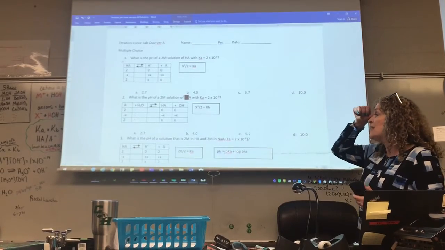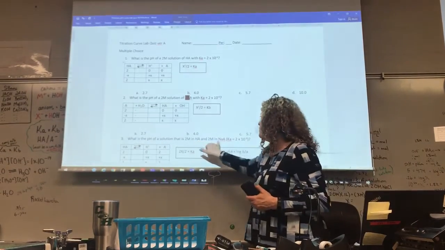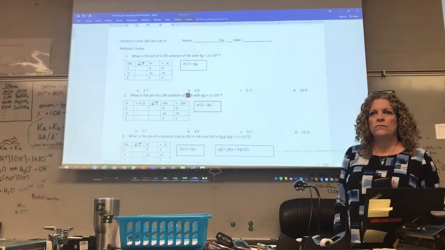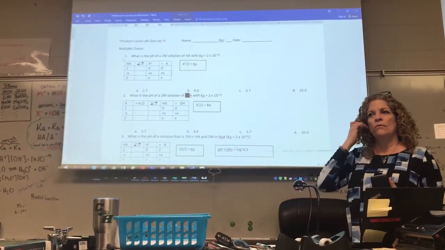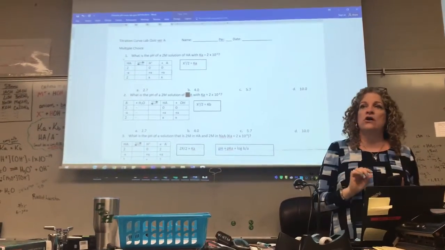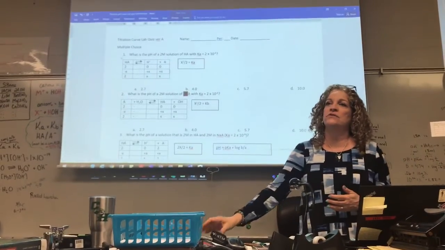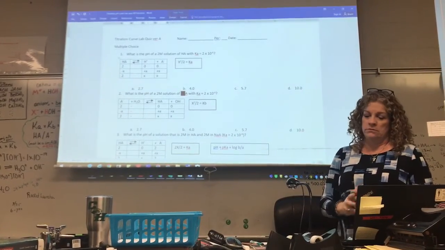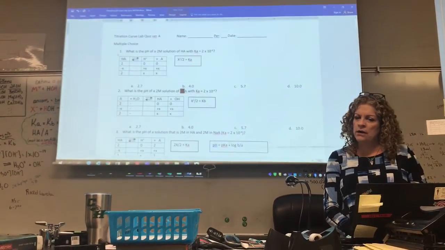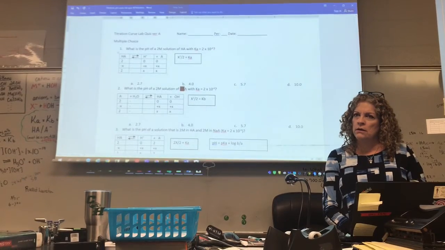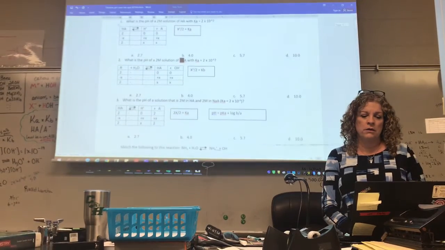All right, the last one, what do we have? Weak acid and a salt of its conjugate base. So what's very unique about this solution? What do we call it? Starts with a B. A buffer.